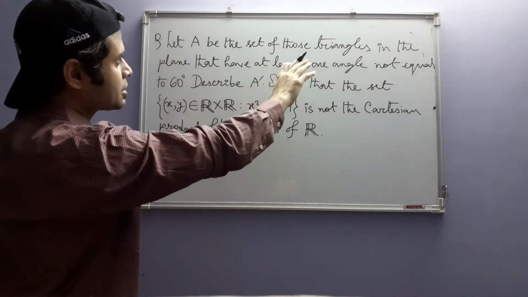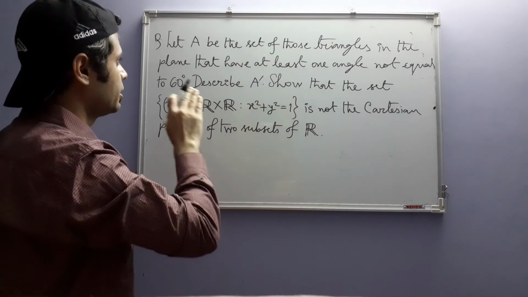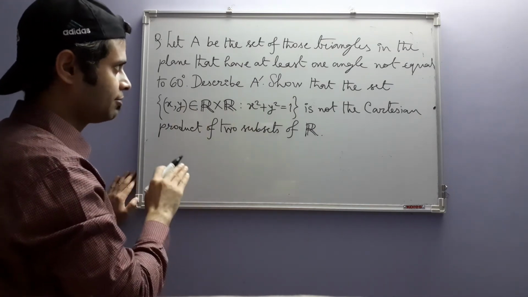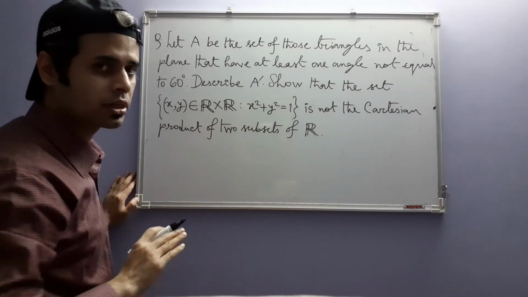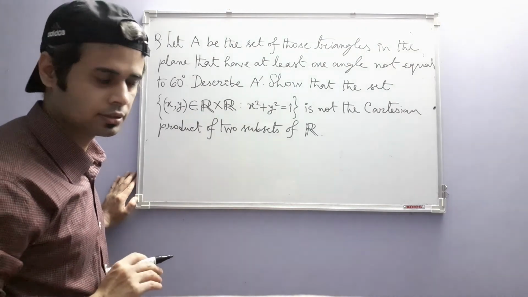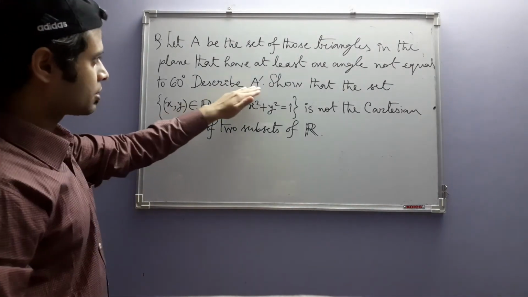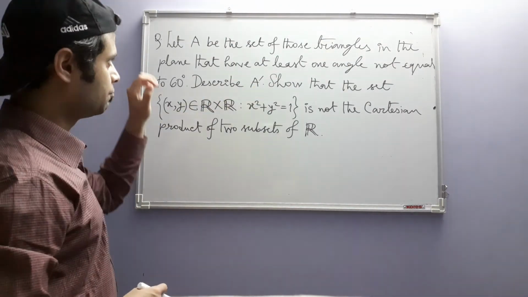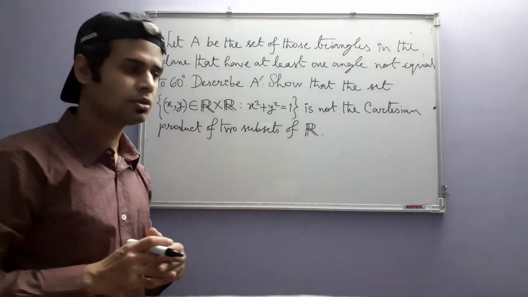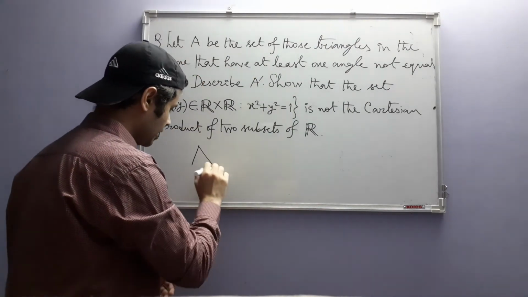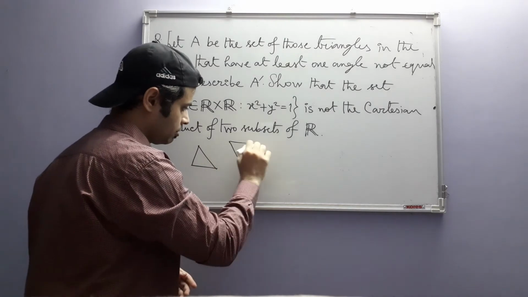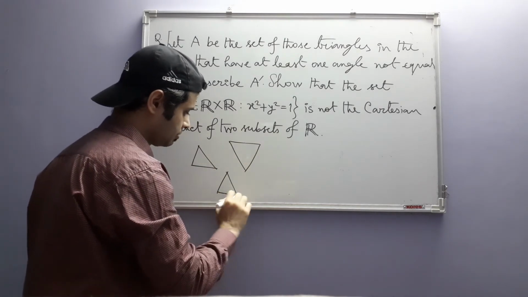Let A be the set of those triangles in the plane that have at least one angle not equal to 60 degrees. Describe A complement. So we are talking about the set of triangles in the plane, different types of triangles.